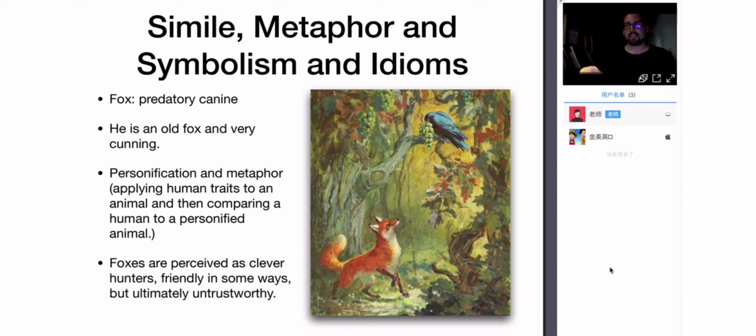All these layers of abstraction happening in that simple sentence there. Foxes are perceived as clever hunters, friendly in some ways, but ultimately untrustworthy. And there are lots of fables, lots of stories that use foxes as characters, children's stories that use foxes as characters, to teach children maybe these types of character qualities, how to watch out for predatory people maybe.